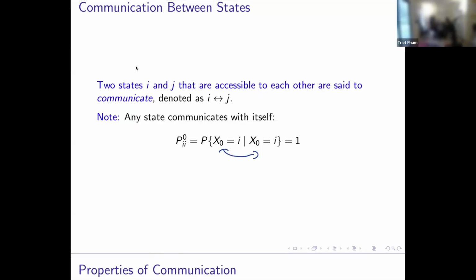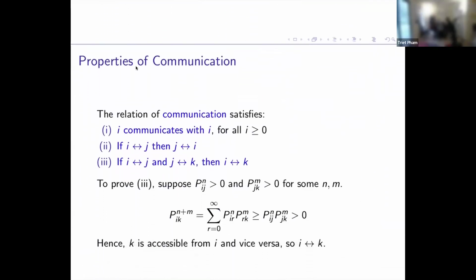And an equivalence relation requires us to say that something is equivalent to itself. That's why we want to say a state communicates with itself. But notice it might seem a bit strange because it takes no steps to go from i to i. That's really a convention, because we might think that you need to take some step, but the logic here is that you're already there.